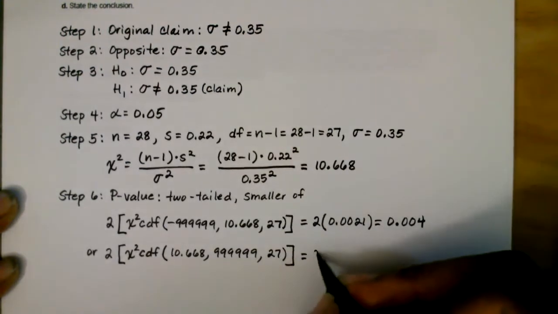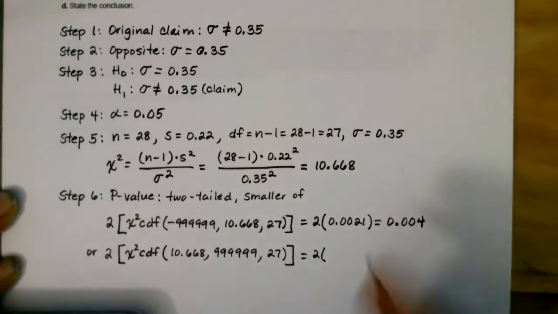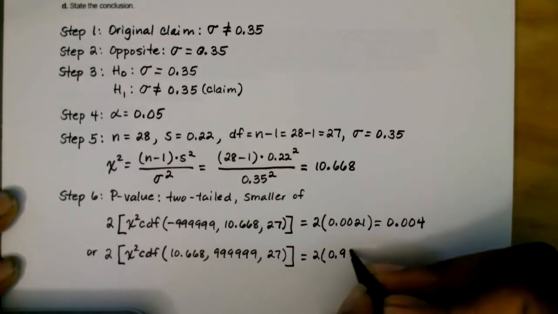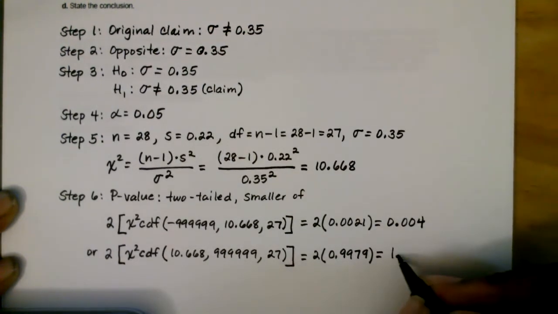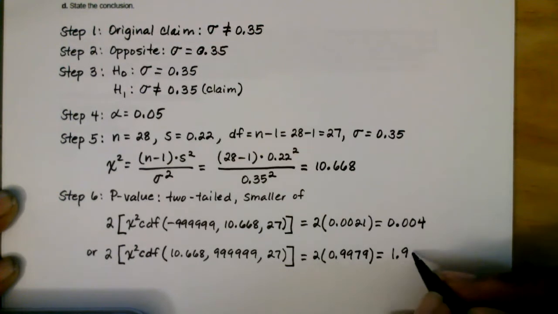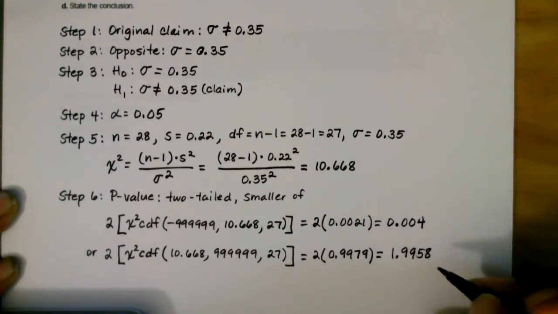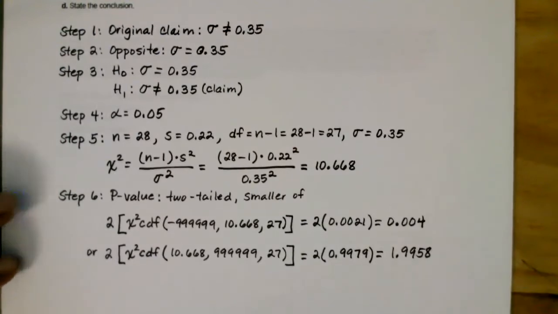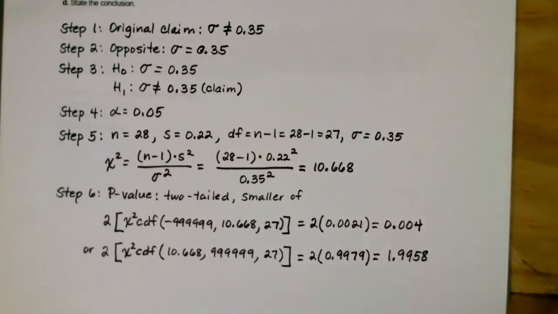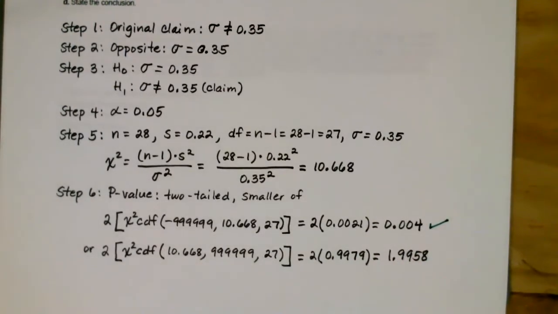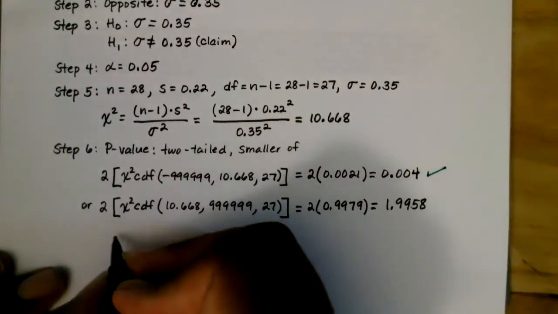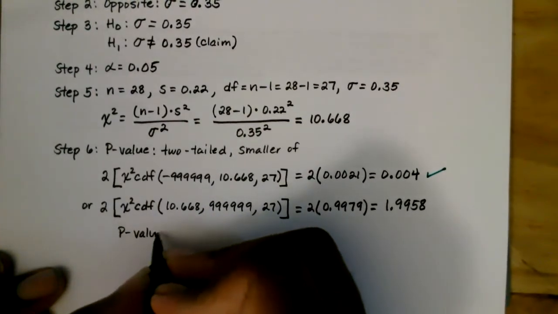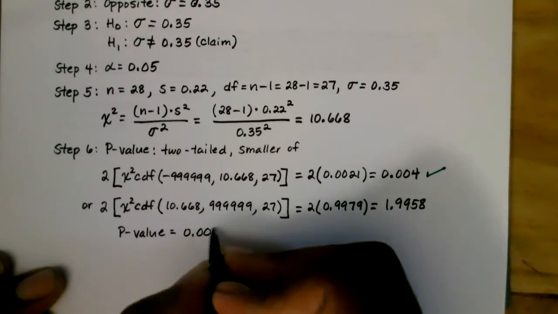So let me go ahead and write this out as 2 times 0.9979. You'll get 1.9958. So we know it can't be that, because the probability value can't be bigger than 1. So it has to be the 0.004. So here, this is what my p-value is going to be. 0.004.